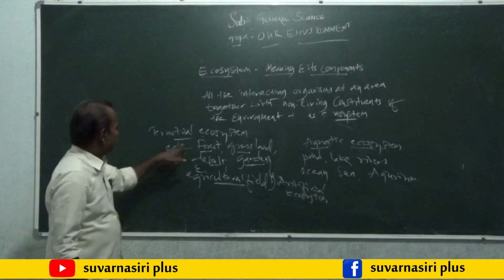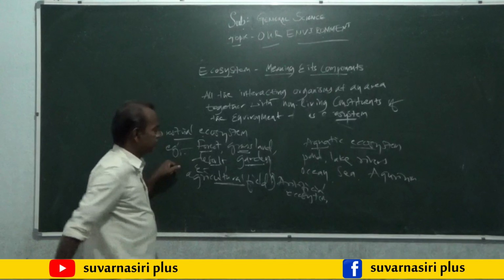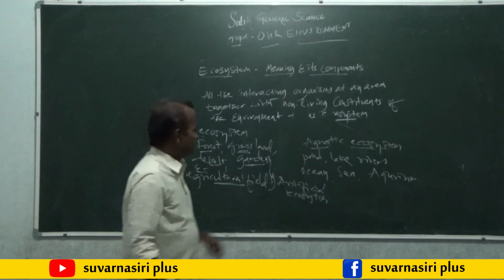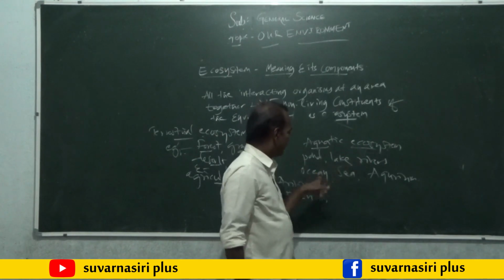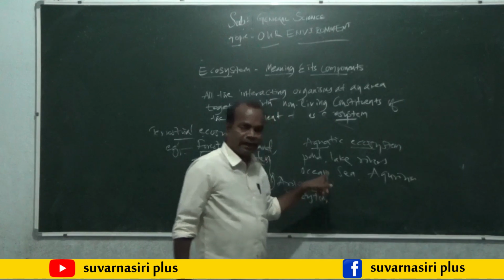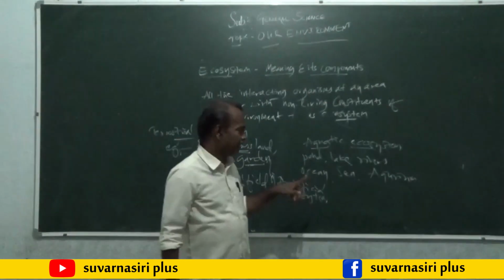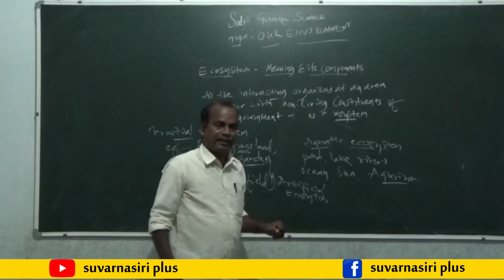The natural terrestrial ecosystem includes forest, grassland, desert, etc. In the aquatic ecosystem, pond, lake, rivers, ocean are the natural aquatic ecosystems. The artificial aquatic ecosystem is aquarium.